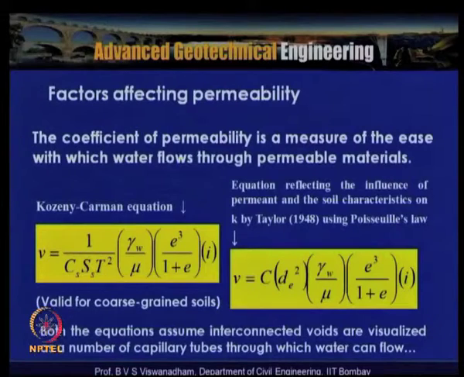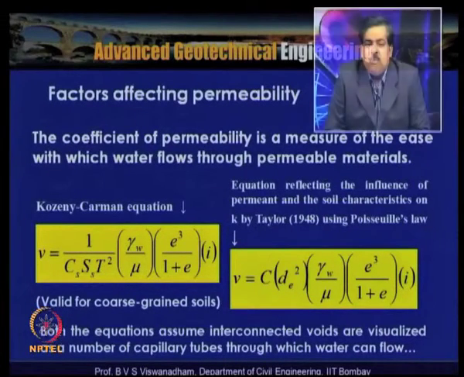This was put forward by Kozeny-Carman, who proposed an equation: V is equal to 1 by Cs Ss T square, multiplied by gamma W by mu into e cube by 1 plus e, into i.